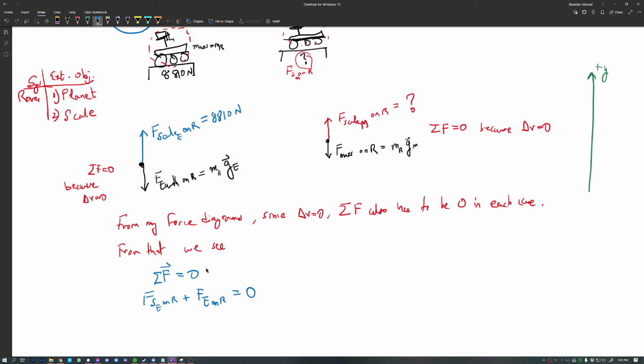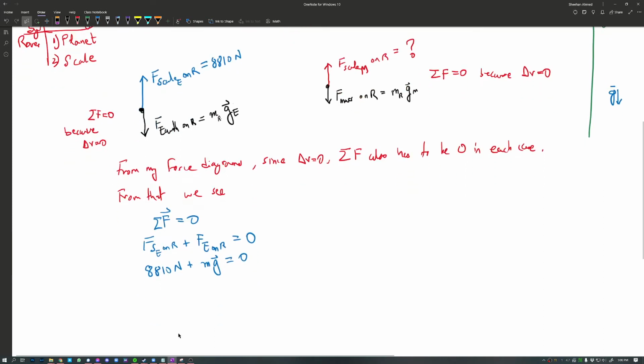Now, the force that the scale exerts on the rover gives me 8810 newtons, plus m times g, equal to 0. Now, which way is g? Well, in both cases g points downwards towards the center of the planet, so g is a negative number. So I get 8810 newtons plus m times minus 9.8 newtons per kilogram equal to 0.